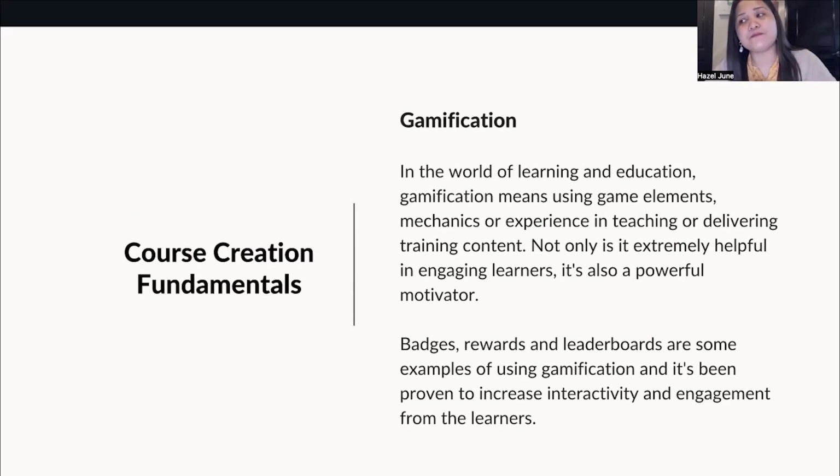Gamification means we are applying game elements or mechanics in learning. So the different quests or missions, the rewards, leaderboards, badges, all of those things that you can usually find in online games. We're incorporating the same elements and applying them in online learning.